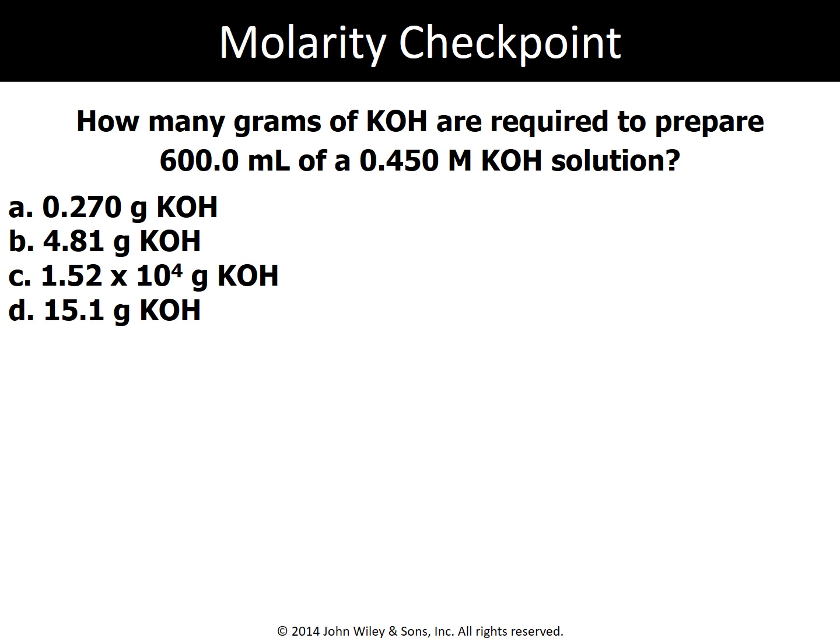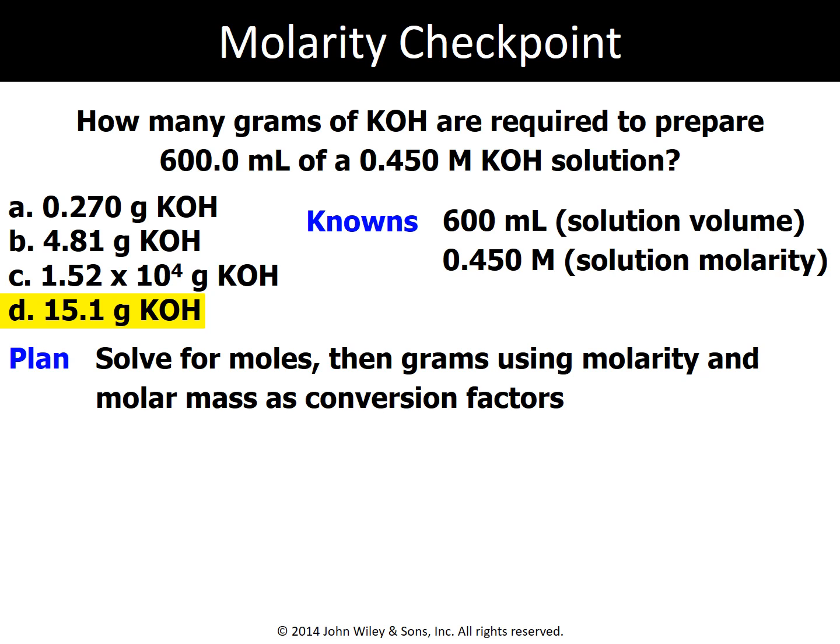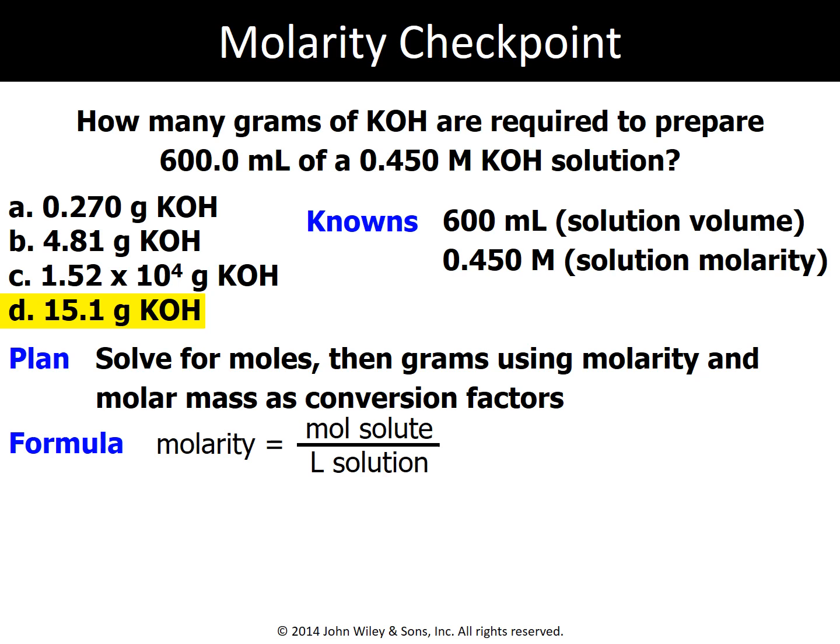How many grams of potassium hydroxide are required to prepare 600 milliliters of a 0.45 molar potassium hydroxide solution? We have 15.1 grams as the answer. Let's see how we got there. Here in this case, I gave you your molarity and your total volume, so you needed to work backwards to figure out how many moles are in there and then convert that to grams.